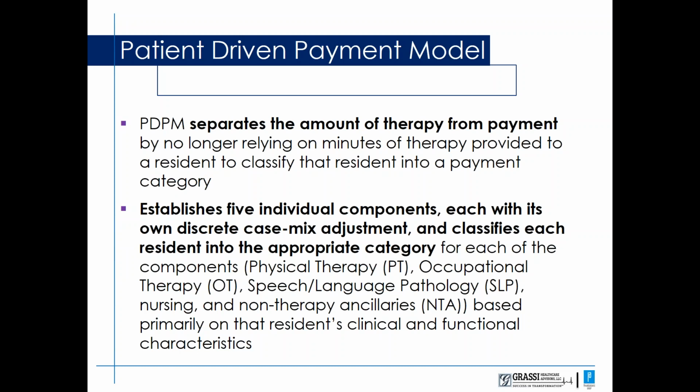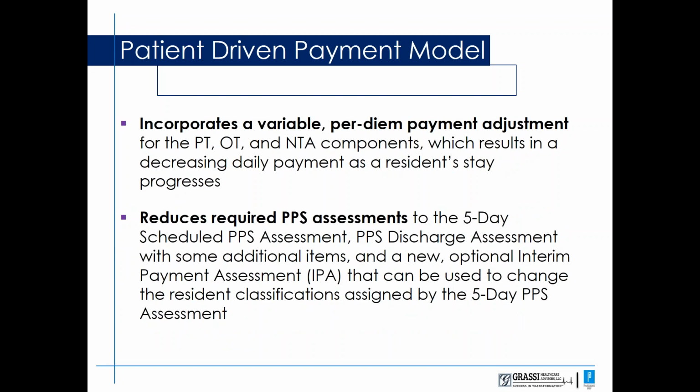In PDPM, there's 5 individual components, each with its own discrete case mix adjustment that classifies each resident into an appropriate category. And these are physical therapy, occupational therapy, speech-language pathology, nursing, and non-therapy ancillaries based on residents' clinical and functional characteristics.